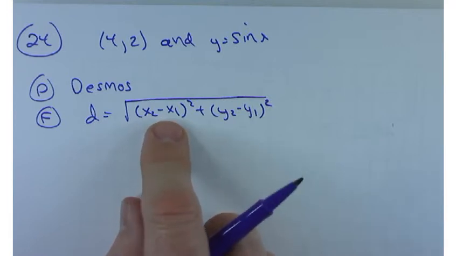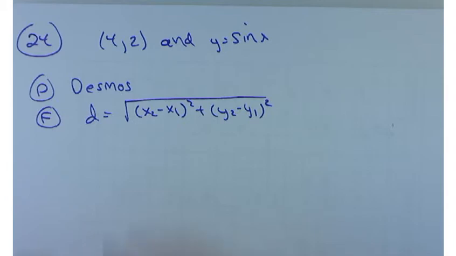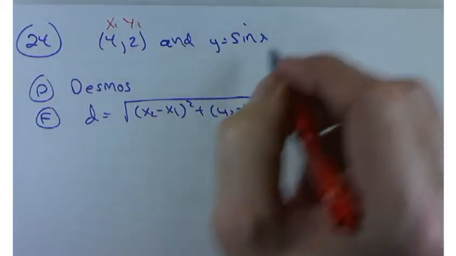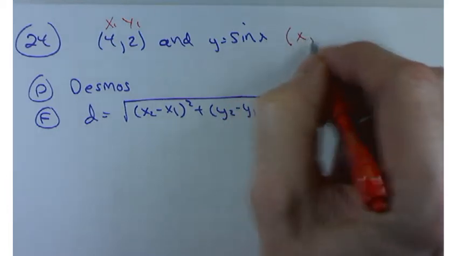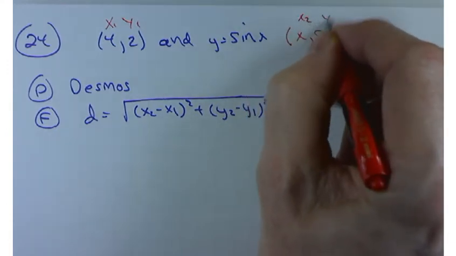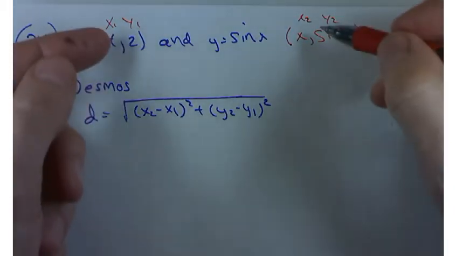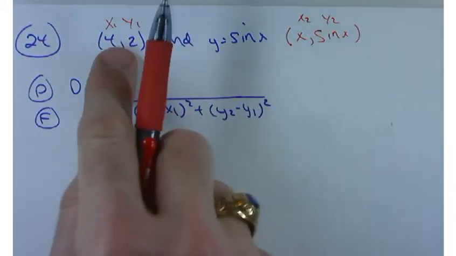All right, well, the unfortunate thing is that this depends on two variables. So I've got a point here, call that x1 and y1. And over here, I've got another point, call it x and sine of x. And that's my x2 and y2. So if I put these two in here, then I'll eliminate the dependence on two variables.